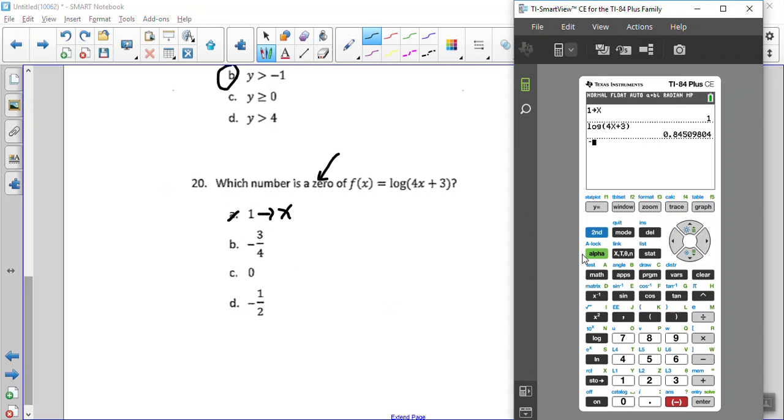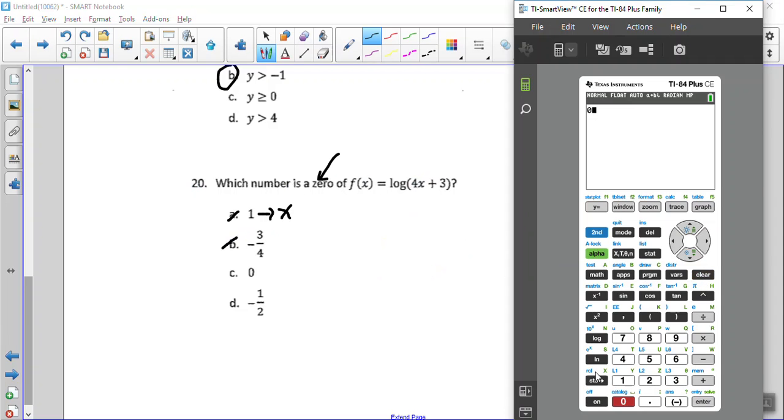So now plug this in. 3 over 4. We're gonna store that in for x. That didn't work. That means it's an error. If I plug this number in, it gives me an error, so that doesn't work.